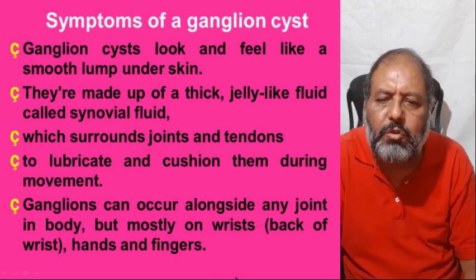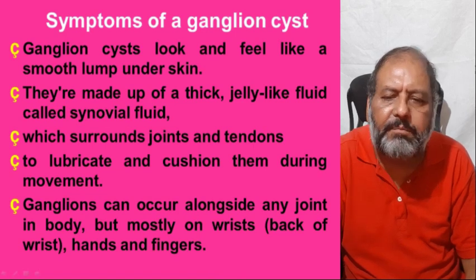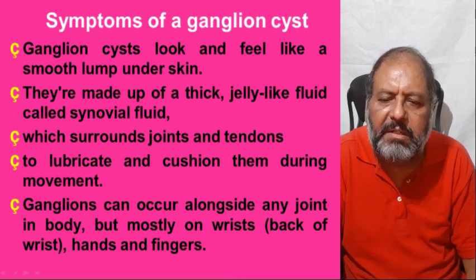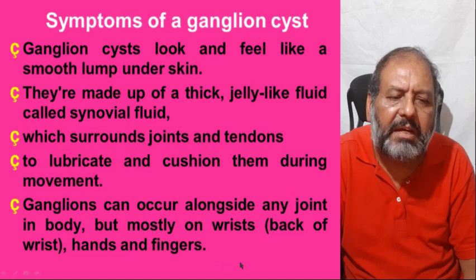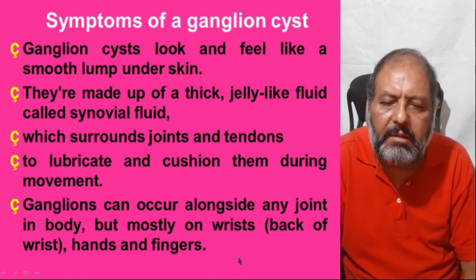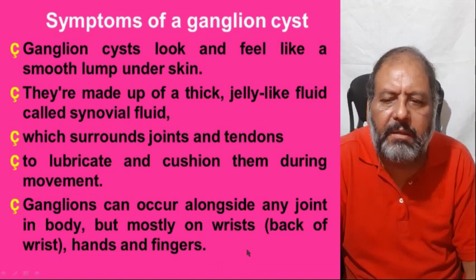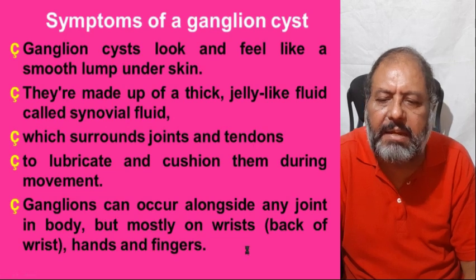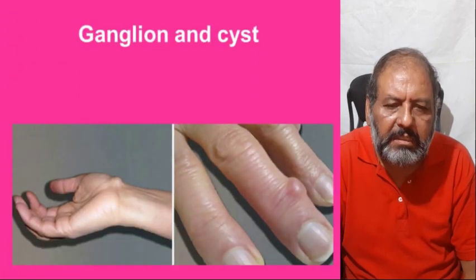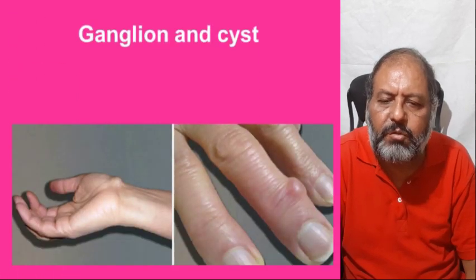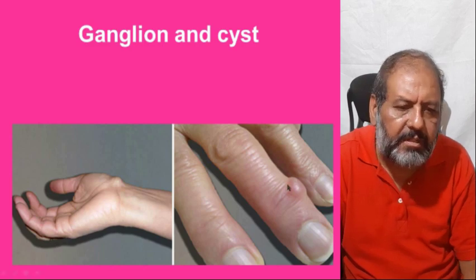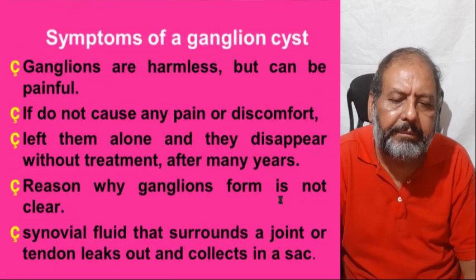The fluid is to lubricate and cushion them during the movement, but ganglions can occur alongside any joint in the body, but mostly on the back of the wrist, hands and fingers. Here one can see the actual cyst on the wrist and on the finger.